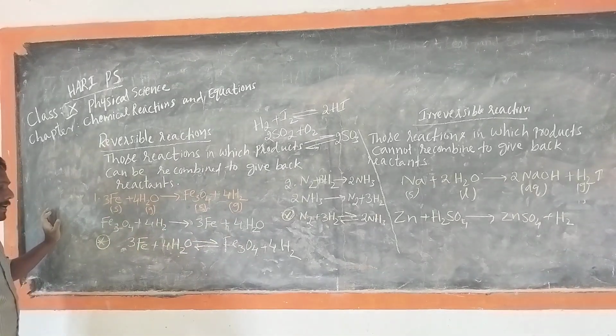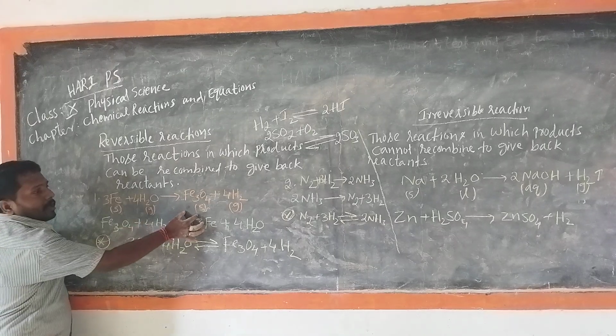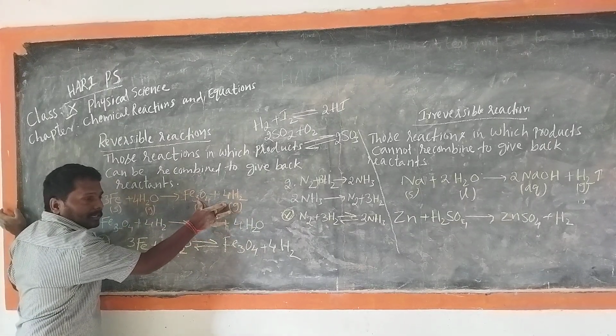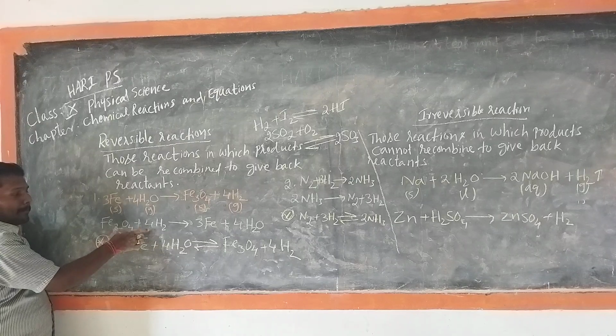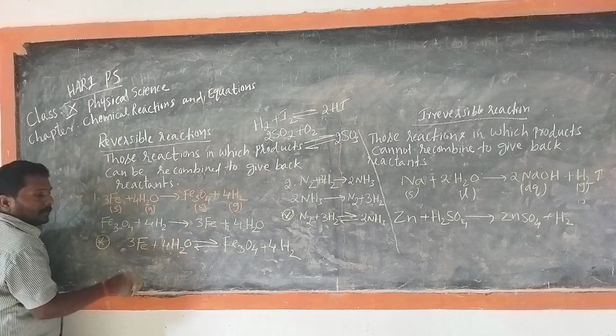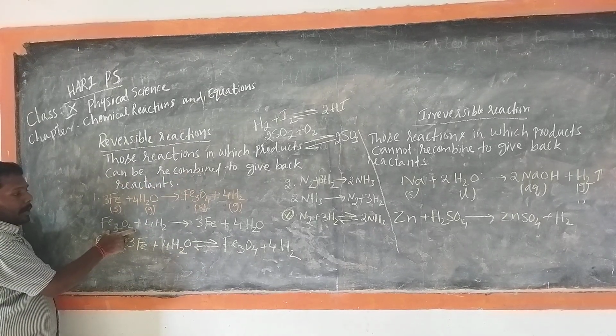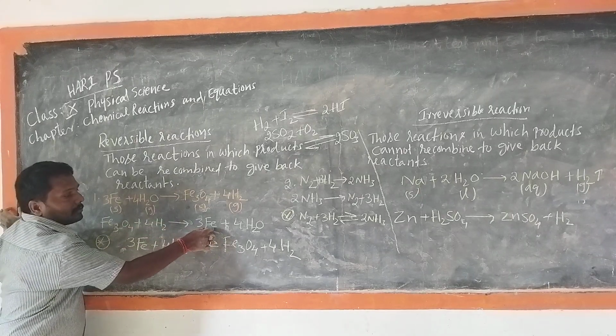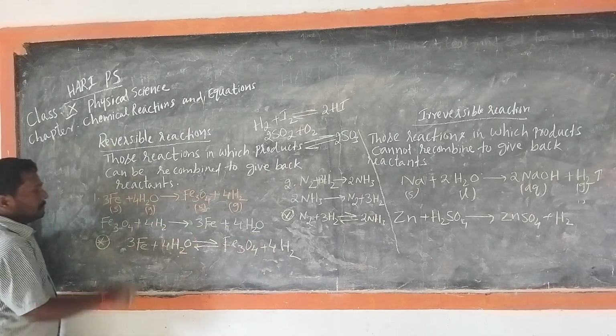Then coming to the second one, iron oxide plus hydrogen are the products here. These products recombine and give us iron plus steam again.